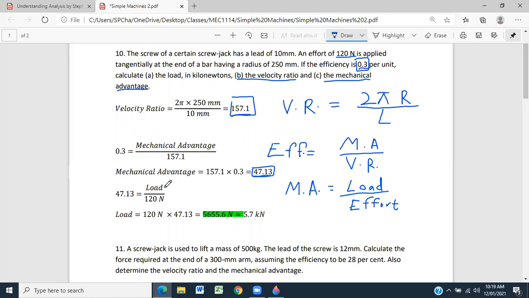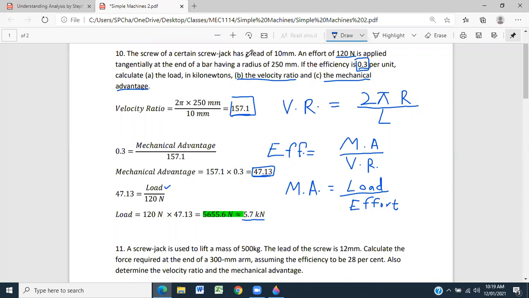Solving for the load, we get the load is equal to 120 newtons times 47.13, which is equal to a very big number, 5,655.6 newtons, or more simply, 5.7 kilonewtons, right? 5.7 kilonewtons.